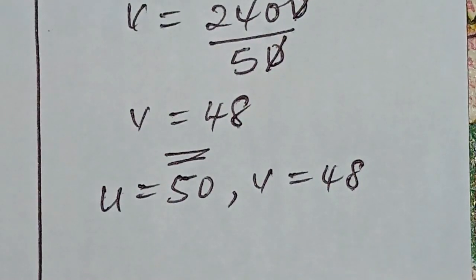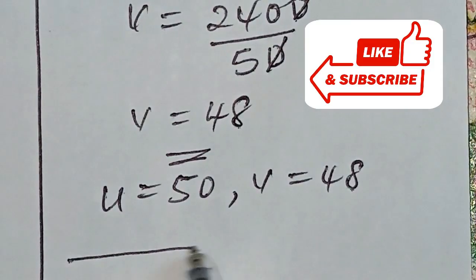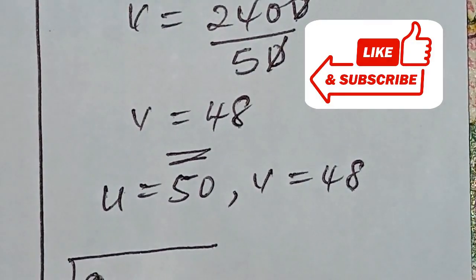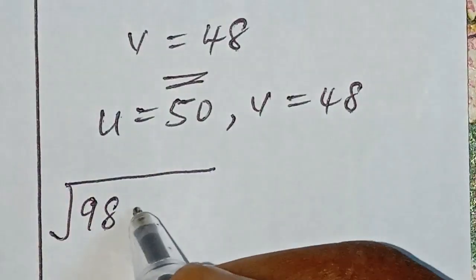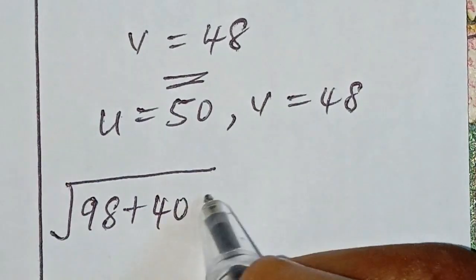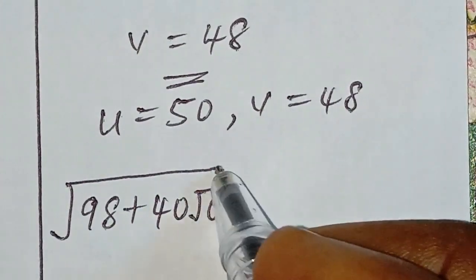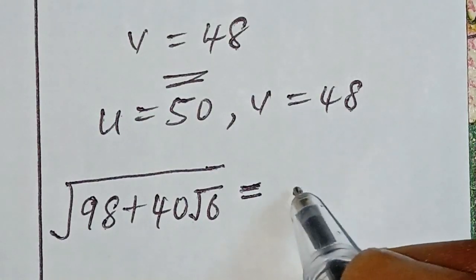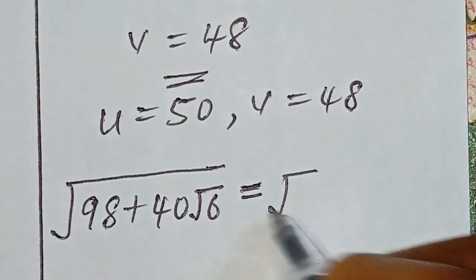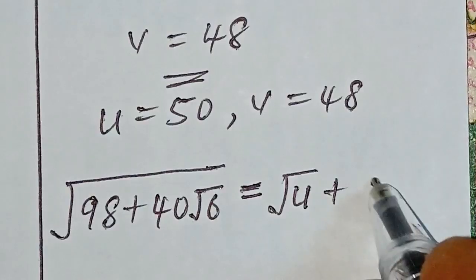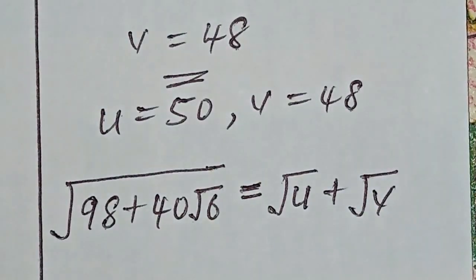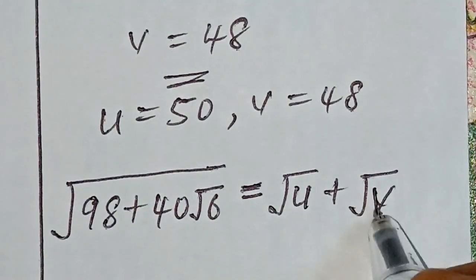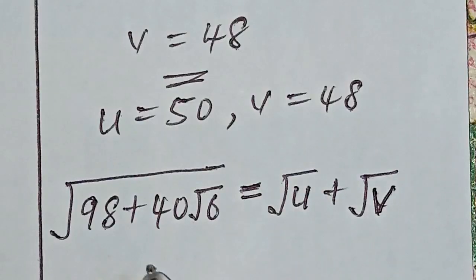So it means from our earlier expression, we have square root of 98 plus 40 square root 6 is equal to our simple sum of square roots, that is square root of u plus square root of v.